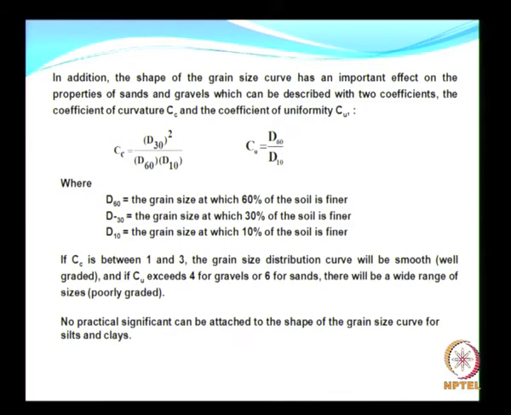d60 is the grain size at which 60% of the soil is finer. What does that convey to us? You take a sample, then you have a sieve, and the sieve has a particular size, may be x millimeter.